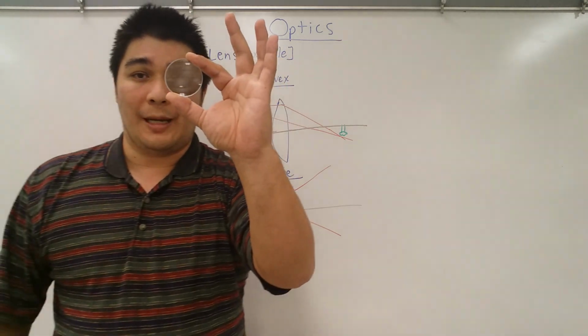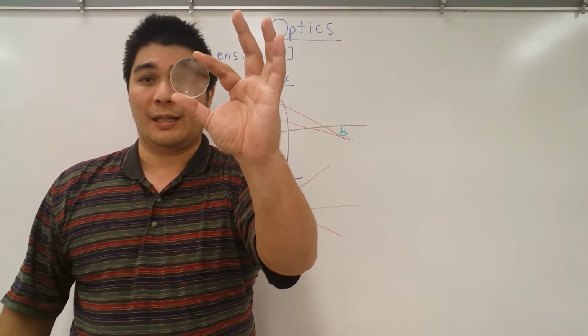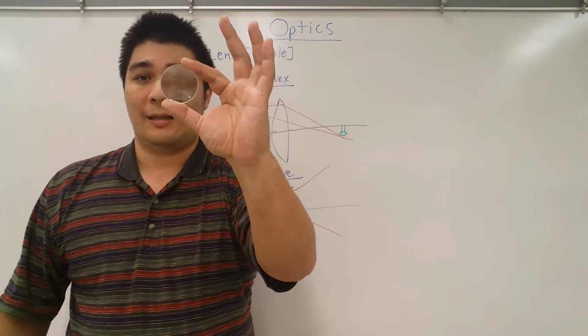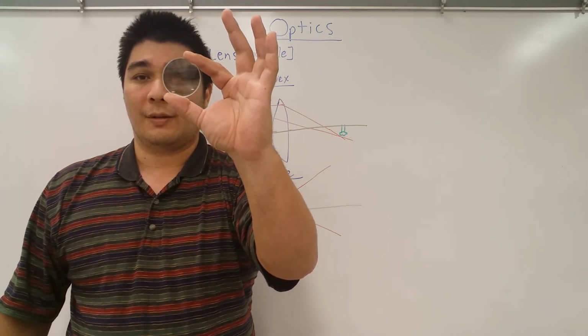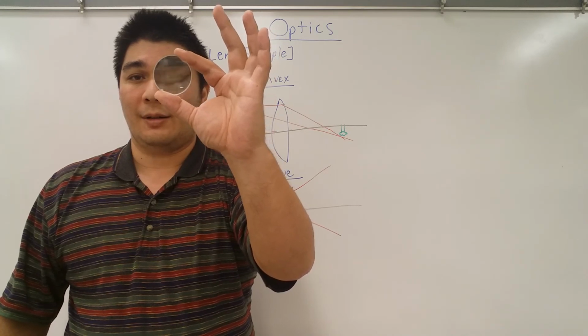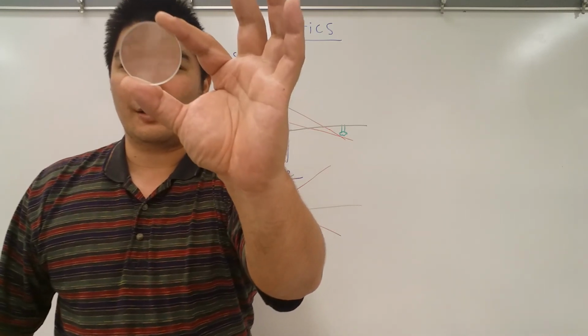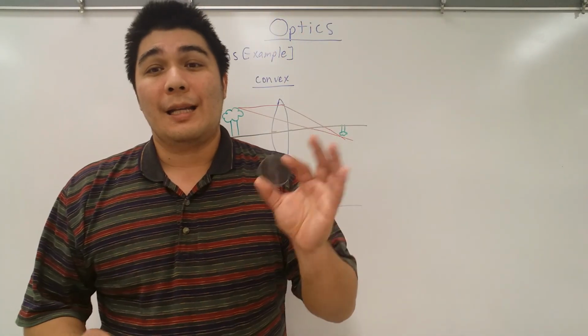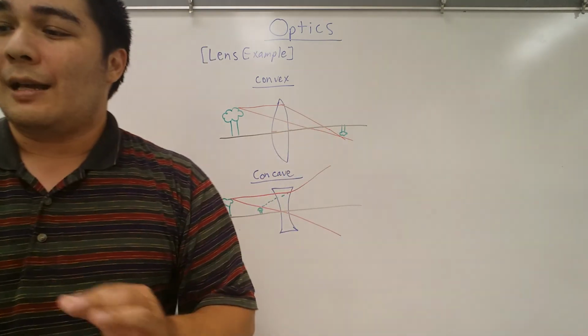You can even do that with my eye. I believe you can see it from here. There's my eye. It's upside down. But then if I bring this closer, my eye is right side up. So this is an example of a converging lens.